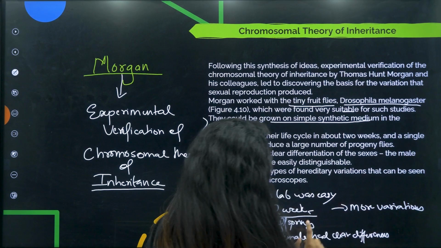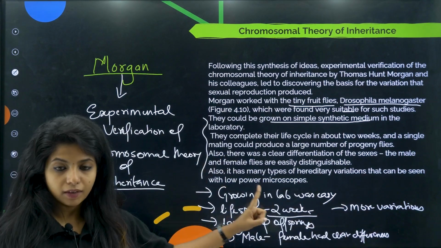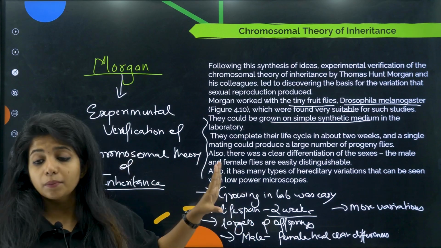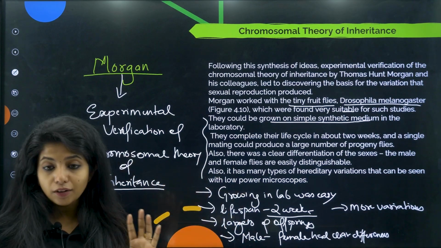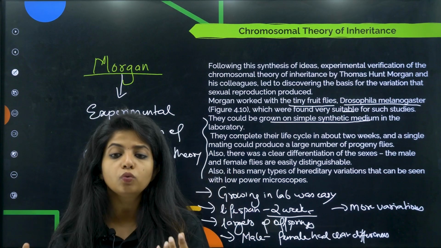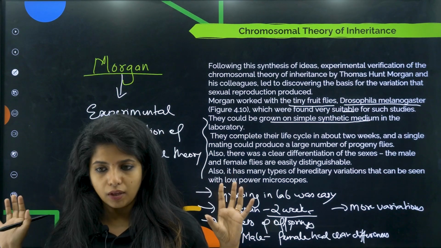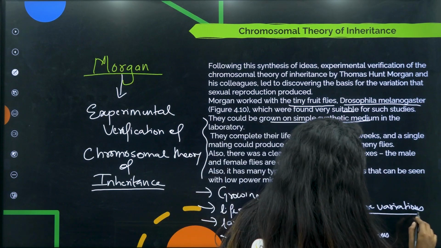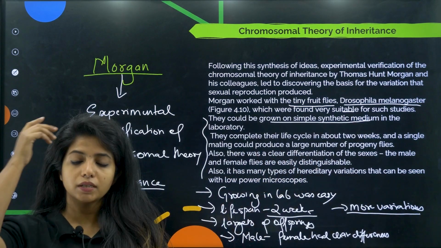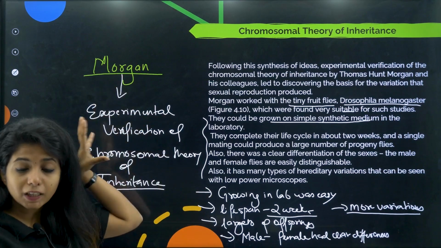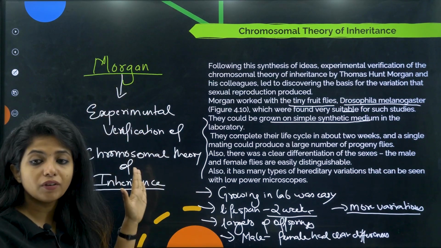So why was growing them in the lab easy? The lifespan was just 2 weeks. There was a larger number of offsprings. The male and the female sexes could be easily differentiated. So it would be helping in fusion, right? I can do the fertilization over there with the help of this. Now more variations were also found. More variations means I can find more differences in them, more study as well, right?